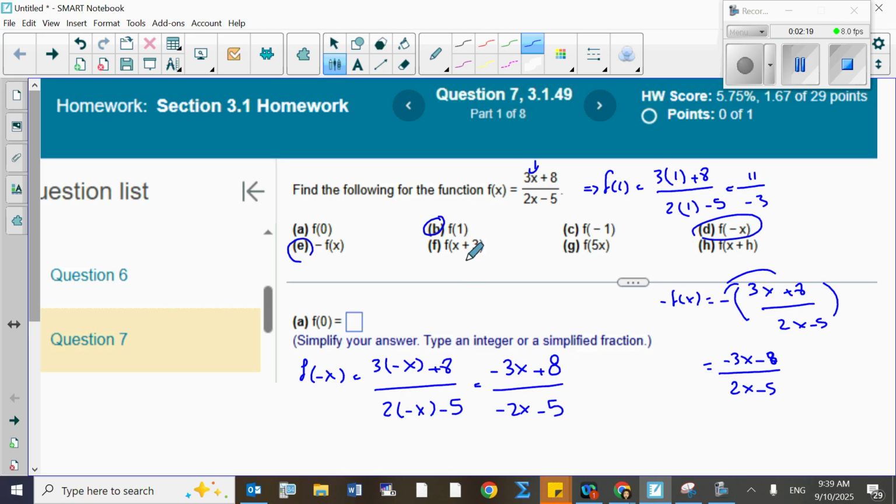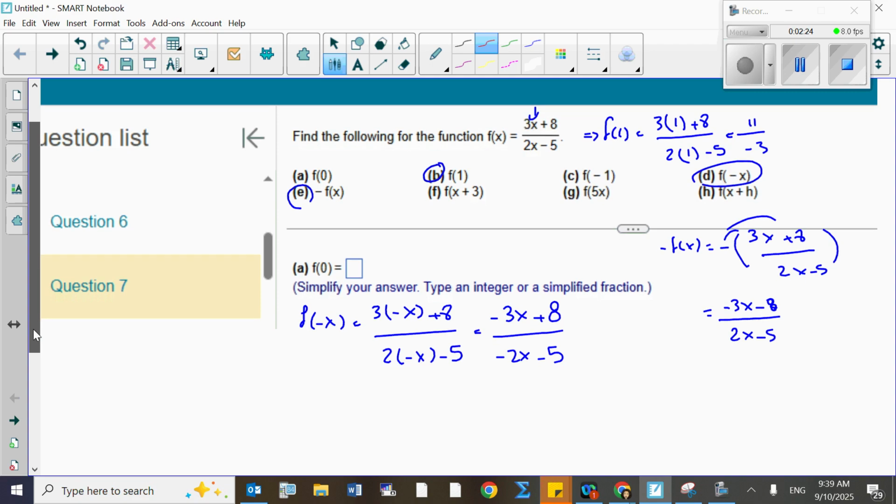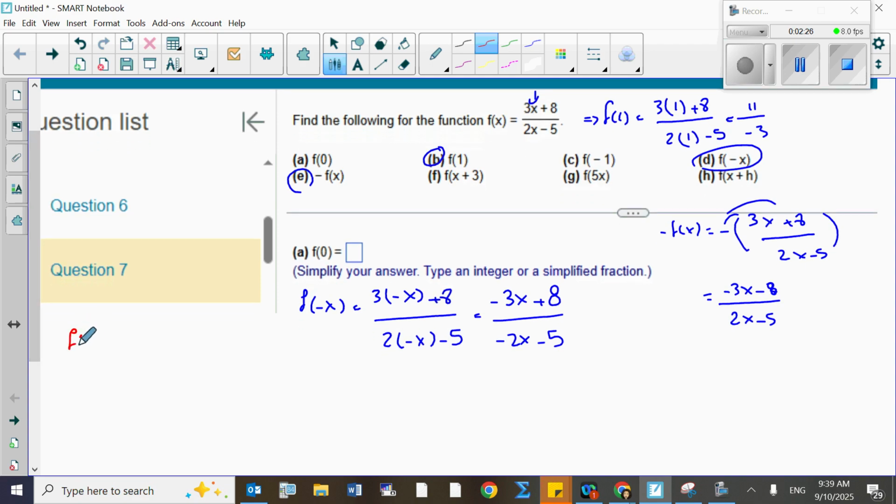Now let's see what is f of x plus 3. Okay, to find f of x plus 3, wherever I have x, I plug in x plus 3 instead of that. So I will have 3 times, instead of having x, I'm going to write x plus 3 here. And then in the bottom, 2 times the x will be x plus 3.